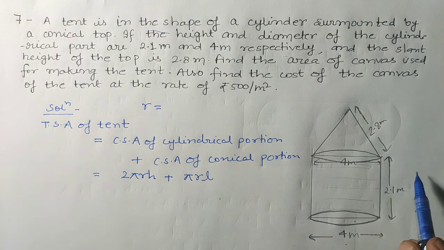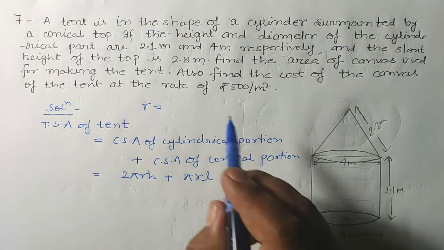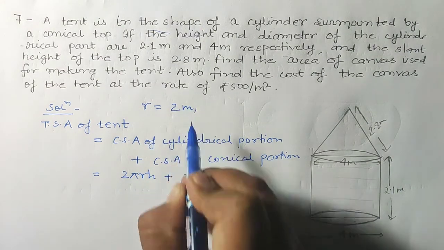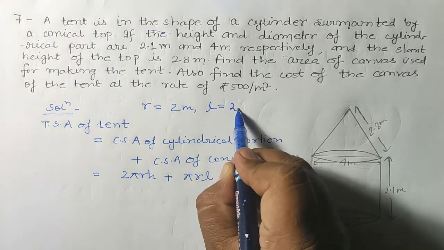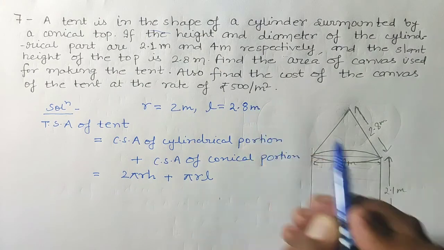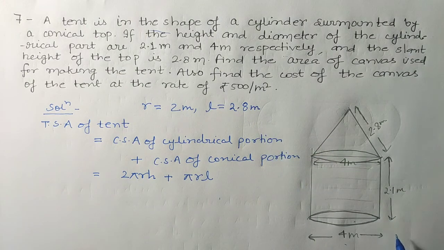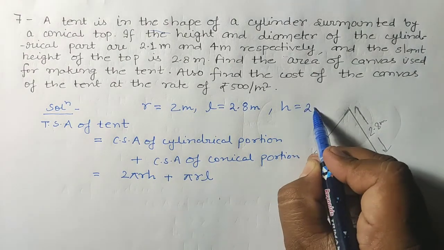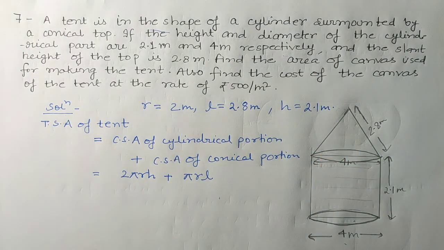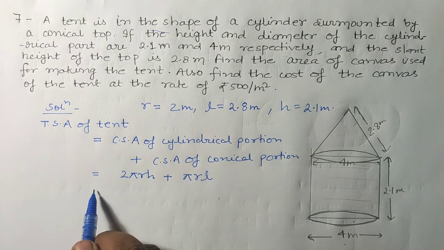If the diameter is 4 meter, then its radius will be 2 meter. L is given as 2.8 meter. L means the slant height, and the height of the cylinder is given as 2.1 meter. Okay, so here we will put all the values.